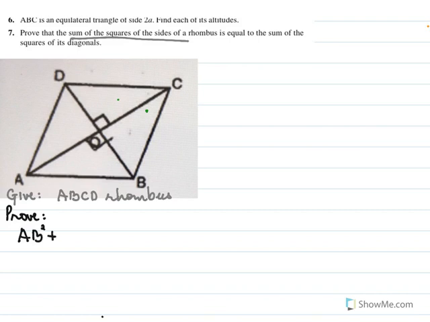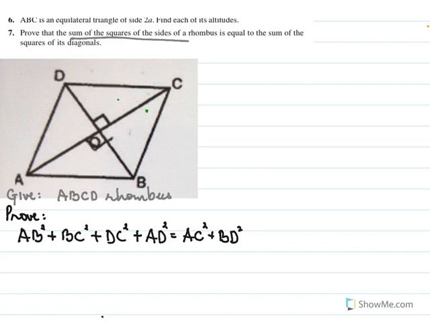The sides are AB, so AB square plus BC square plus DC square plus AD square equal to the sum of the squares of the diagonals. Diagonals are AC square and BD square. This is what we need to prove.